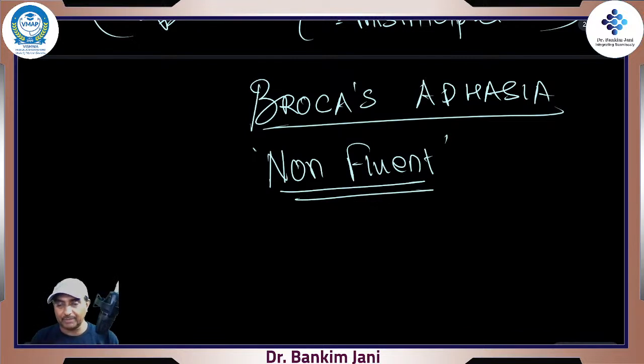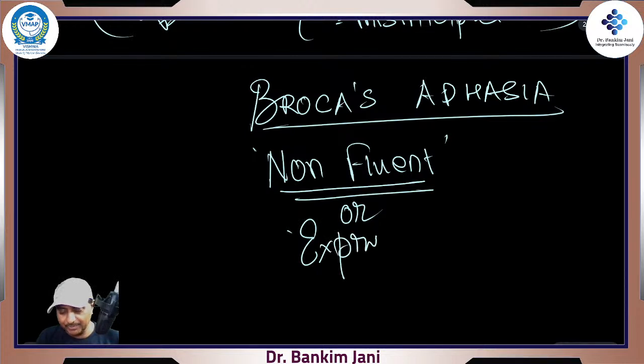Yes, when that person is speaking very fluently, but it is not making any sense. He might be telling something totally irrelevant, sentences which have no meaning. They might come up with strange words which are not present in any dictionary of the world, right? So this is non-fluent, also called expressive aphasia.